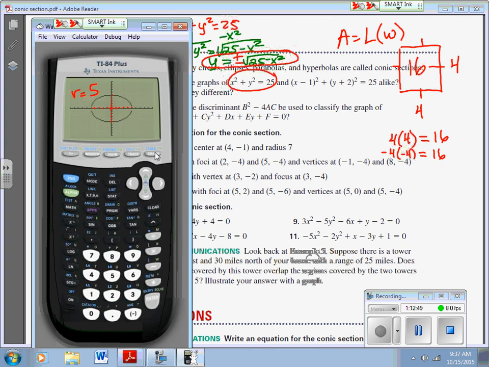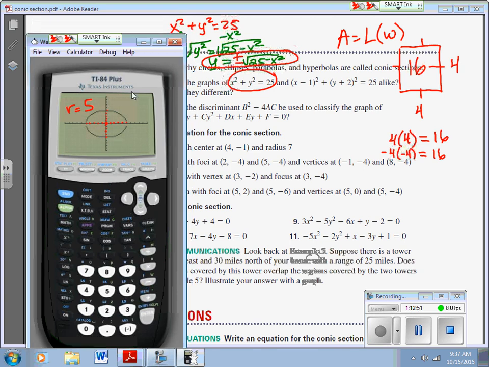And the center is at 0, 0, right? So that means x minus 0 squared plus y minus 0 squared equals 5 squared. Is that the same equation as x squared plus y squared equals 25? Yeah, same thing.